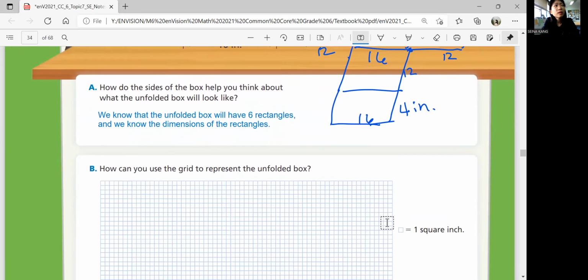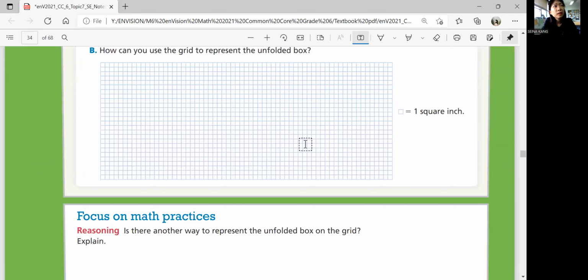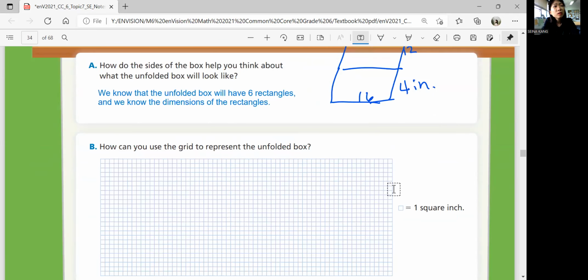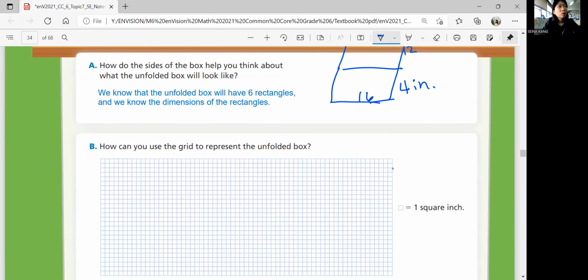So part B, how can you use the grid to represent the unfolded box? Let's put this on the grid, okay? 1 grid is equal to 1 square inch. So we're gonna count 12 inches, 16 inches over here.